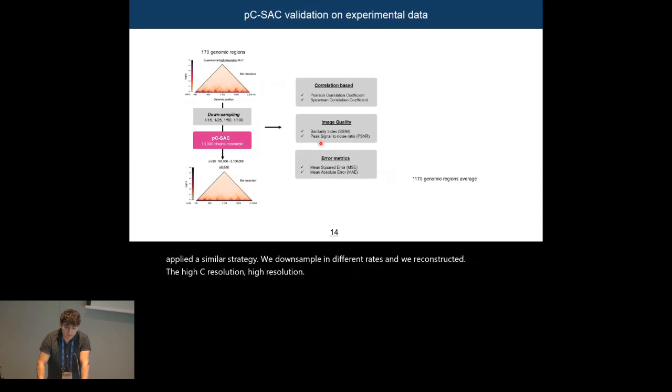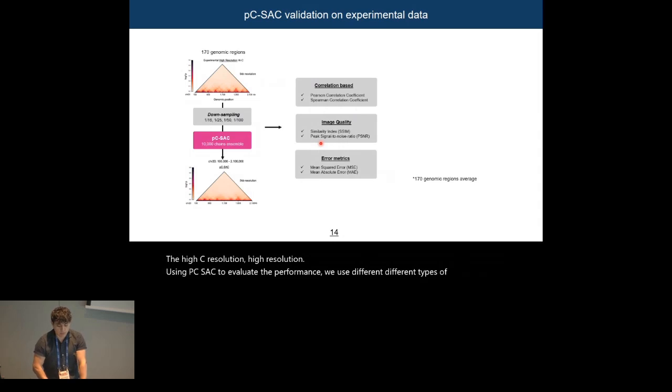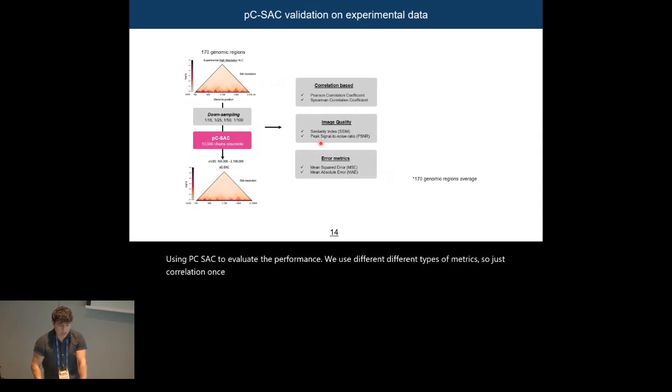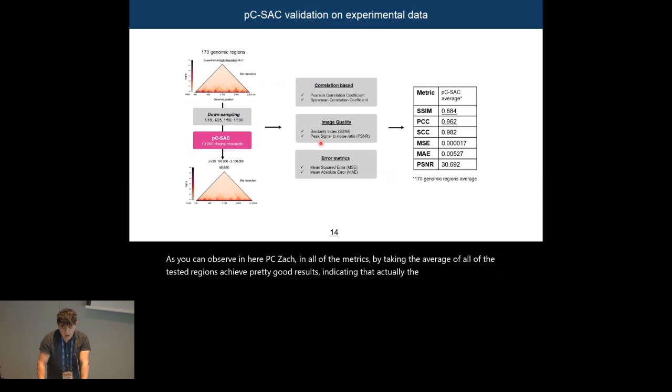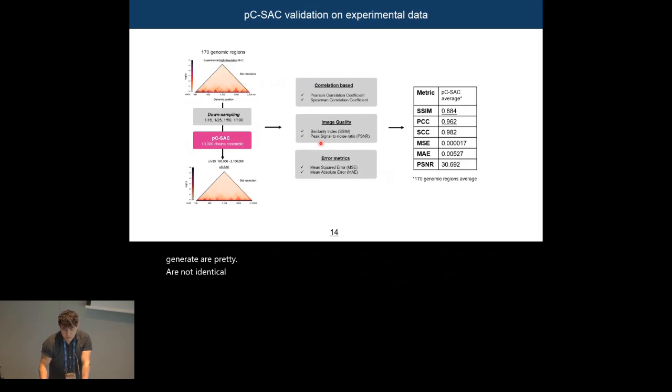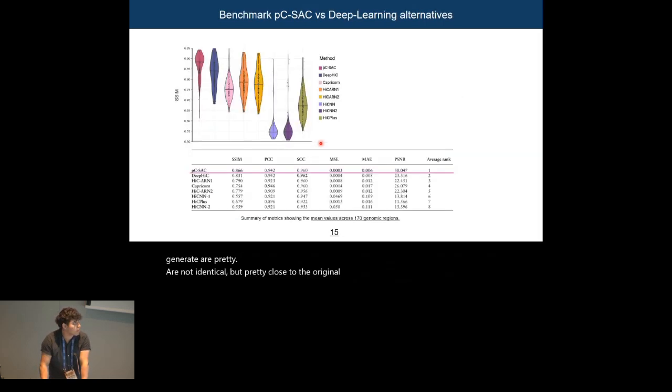To evaluate the performance, we use different types of metrics, such as correlation ones, image quality, and error matrix. As you can observe in here, pC-SAC in all of the metrics, by taking the average of all of the tested regions, achieves pretty good results, indicating that the reconstructions that we generate are not identical, but pretty close to the original experimental Hi-C matrix.